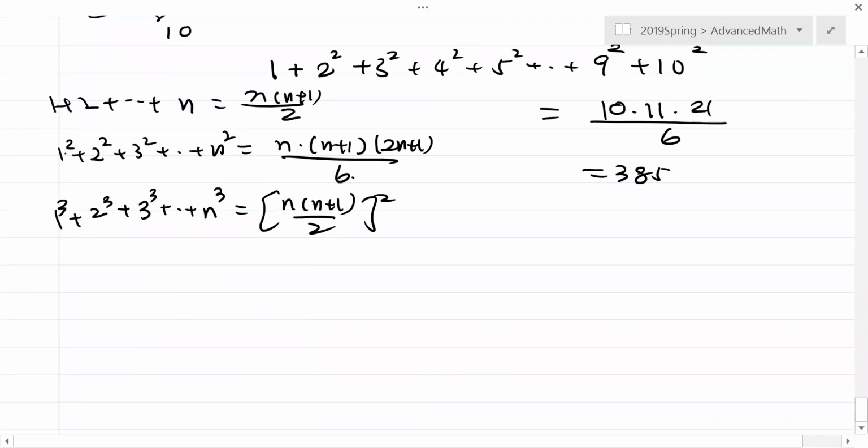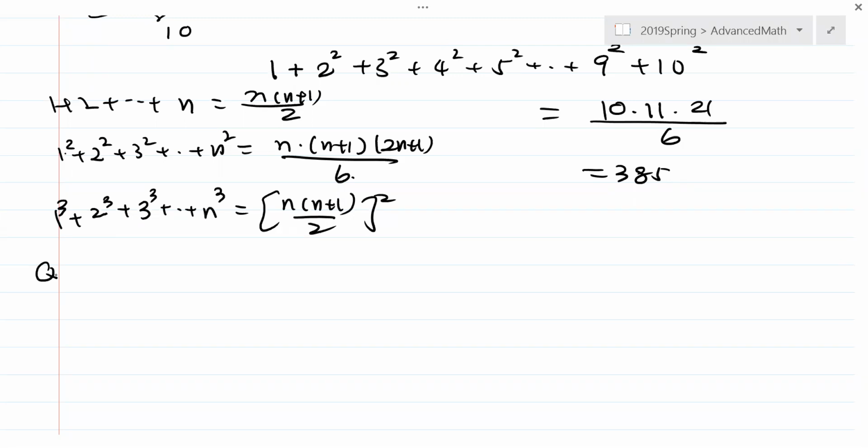Okay, so those are the 3D geometry problems. Now let's go back to the probability problems. Okay. So cards are randomly drawn one at a time without replacement from a standard deck of playing cards.